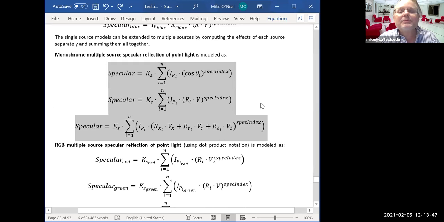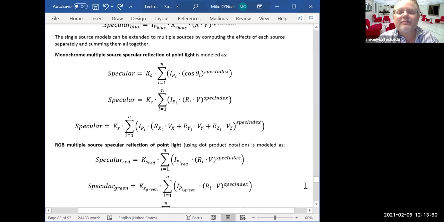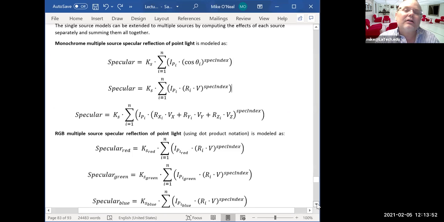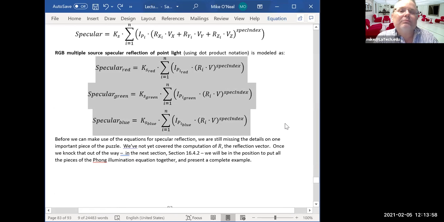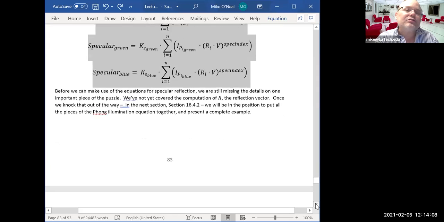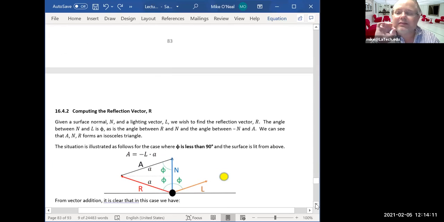You can pull out the Ks, because the constant of specular reflectivity does not depend on the light source. And finally, you can put it all together to get the multi-source RGB version, where you've got the 3 equations, red, green, and blue, and you have the multiple light sources per equation. And that gives you specular.